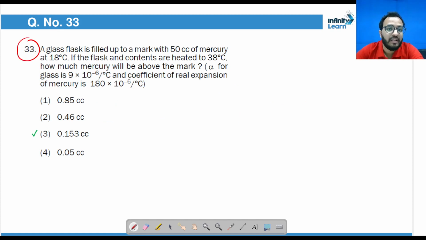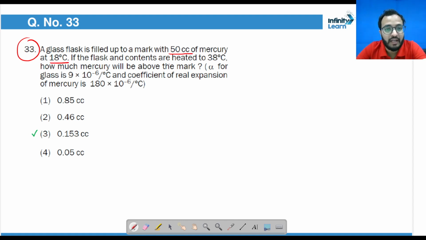33. A glass flask is filled up to a mark of 50 centimeter cube of mercury at 18 degrees centigrade.